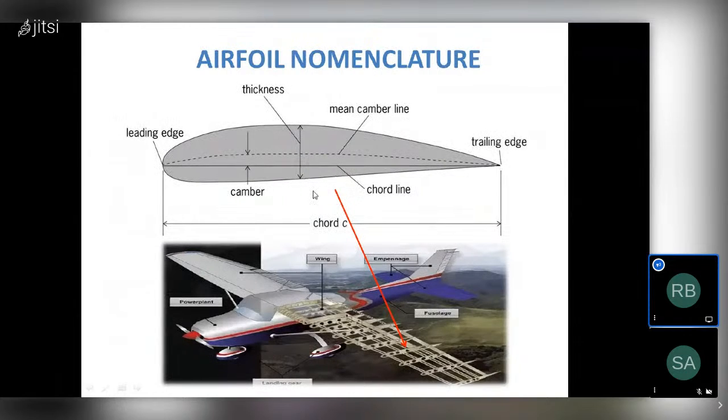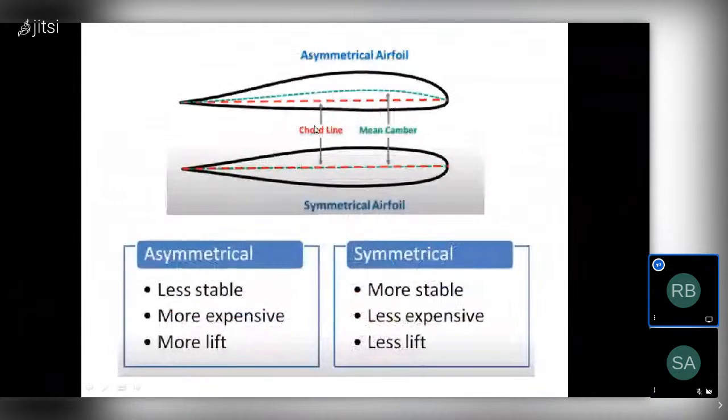The overall thickness will be measured like this, between the upper surface and the lower surface. So these things you have to remember about symmetrical and unsymmetrical aerofoils. In a symmetrical aerofoil, the chord line and the camber line coincide, one over the other.